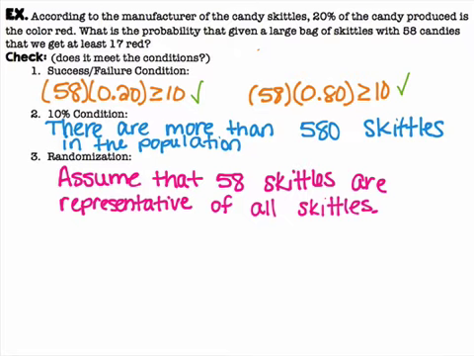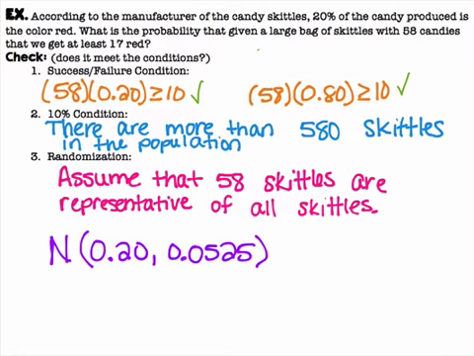Because it meets all these conditions, I can use the central limit theorem to say that it could follow a normal model with a mean of 0.20, that's my p-value, because they gave me the population proportion of 20%. And then my standard deviation is the square root of p times 1 minus p over n.